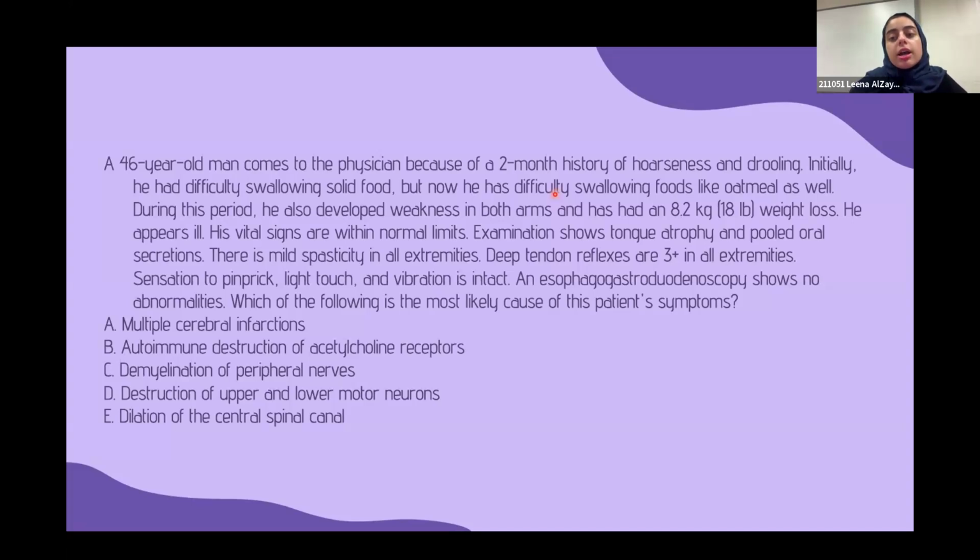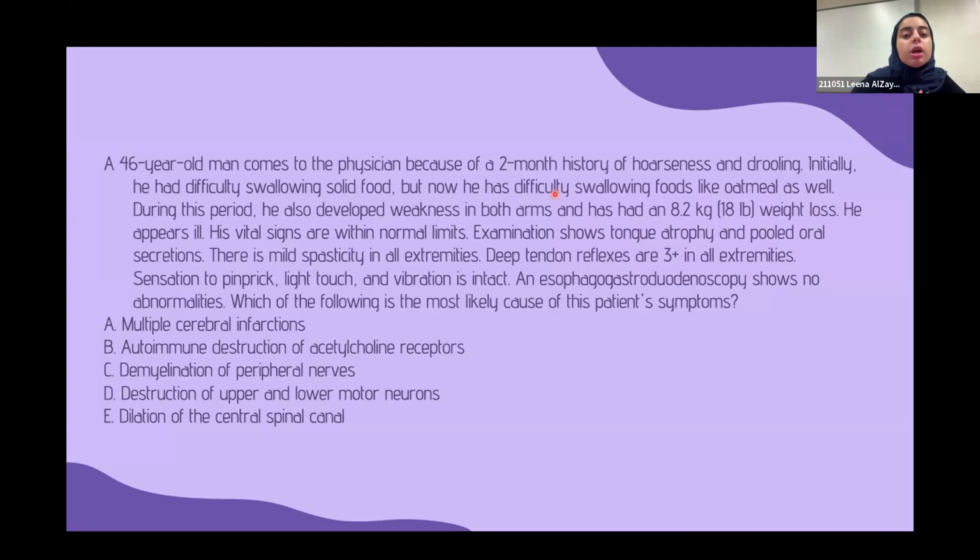Examination shows tongue atrophy and pooled oral secretions. There is mild spasticity in all extremities. Deep tendon reflexes are 3+ in all extremities. Sensation to pinprick, light touch, and vibration is intact. Esophagogastroduodenoscopy shows no abnormalities. Which of the following is most likely the cause of the patient's symptoms?